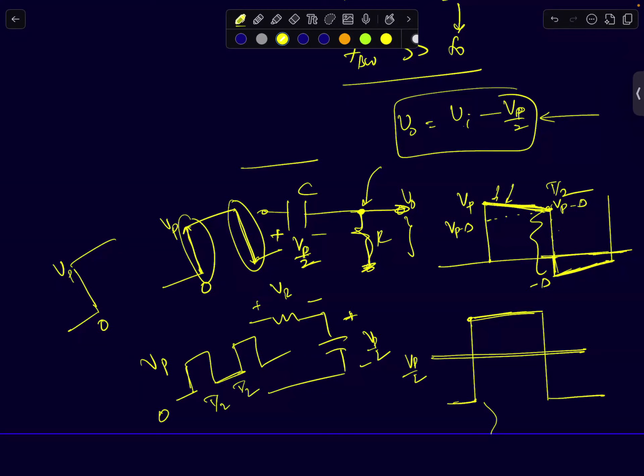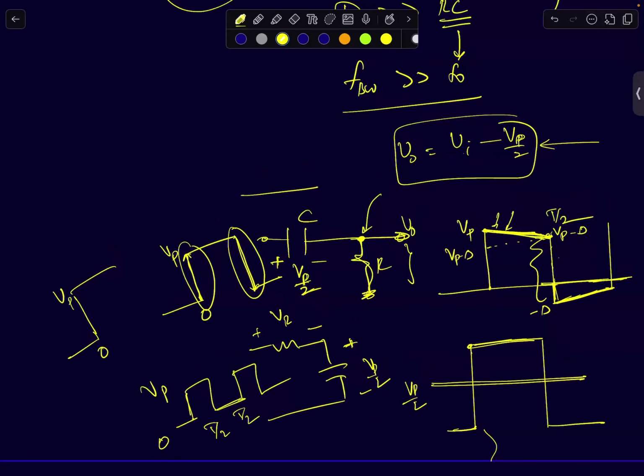AC coupling. Whenever you build amplifiers, that's exactly what we do. You DC bias your amplifier with some DC bias voltage, and then you AC couple your input signals. As far as the input signal is concerned, this is like a high pass filter.